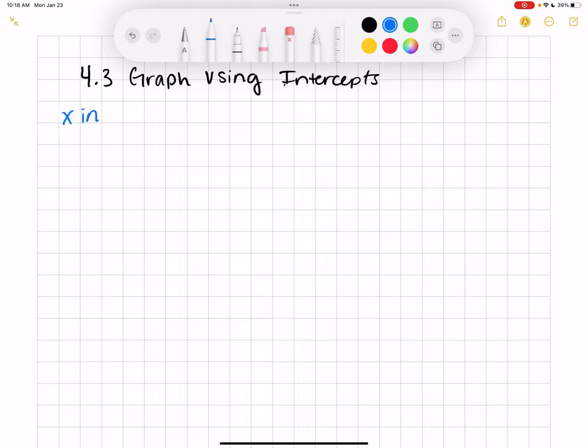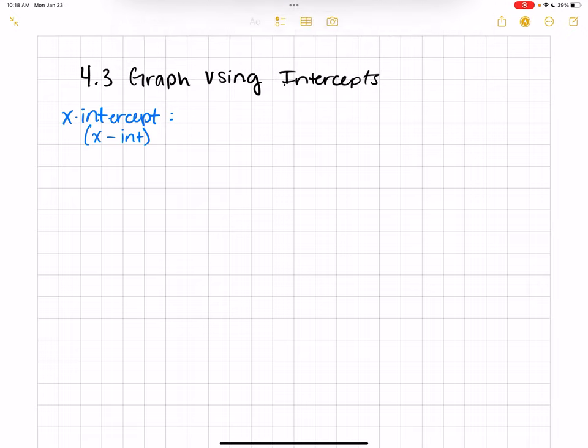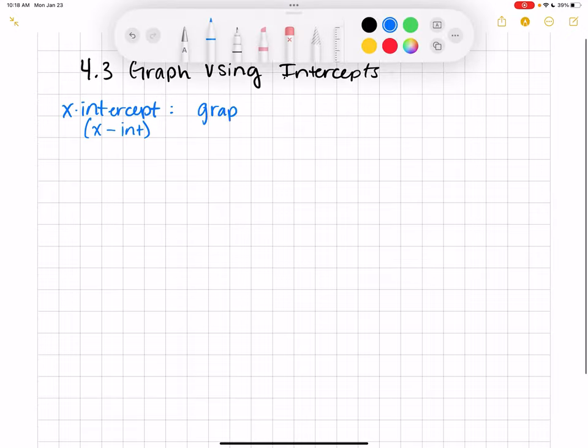So an x-intercept, and a lot of times you'll see me abbreviate this as x-int for intercept. The x-intercept is where the graph crosses the x-axis.